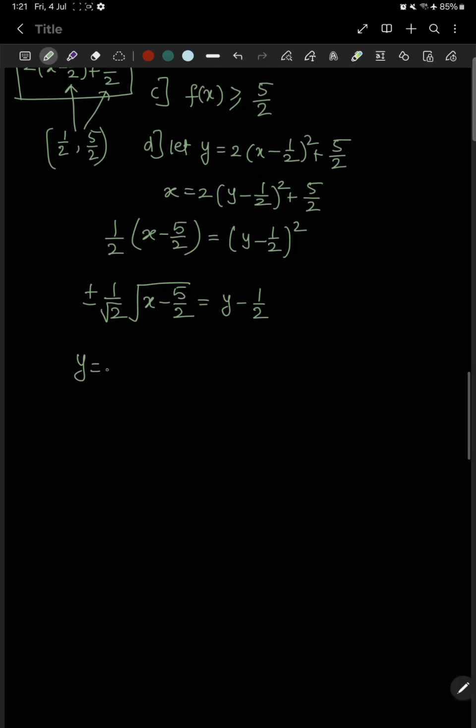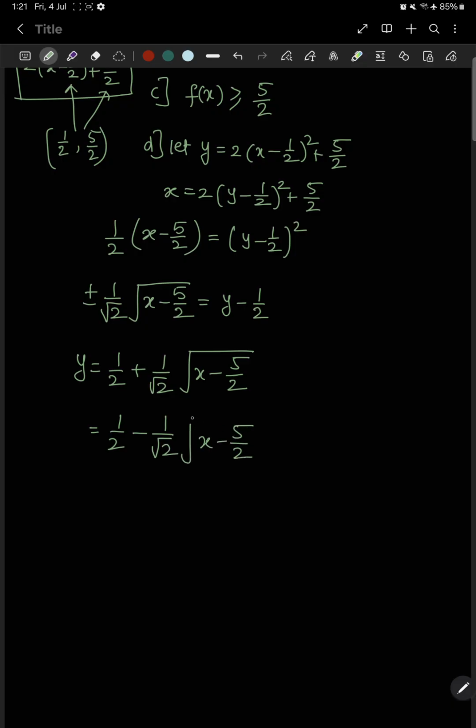Therefore I get y is equal to half plus 1 over root 2 times the square root of x minus 5 over 2, or it's going to be half minus 1 over root 2 times the square root of x minus 5 over 2. Now this is going to be your function inverse, but which one out of these is going to be the function inverse formula exactly? That we will figure out by looking at the given domain.